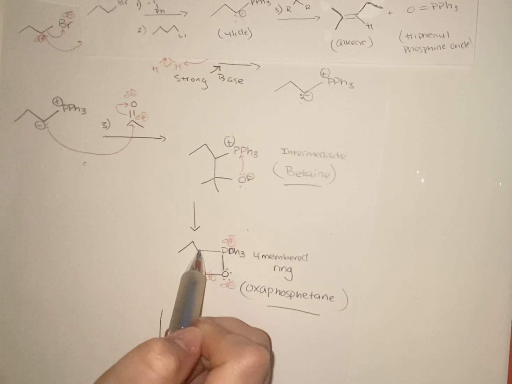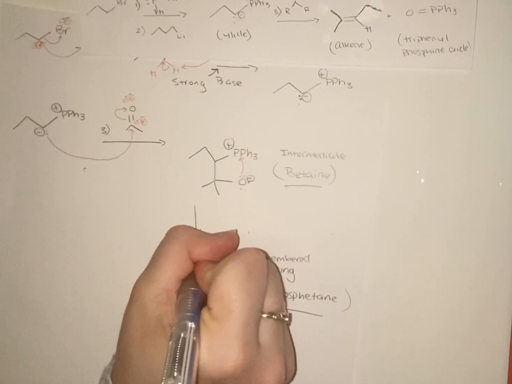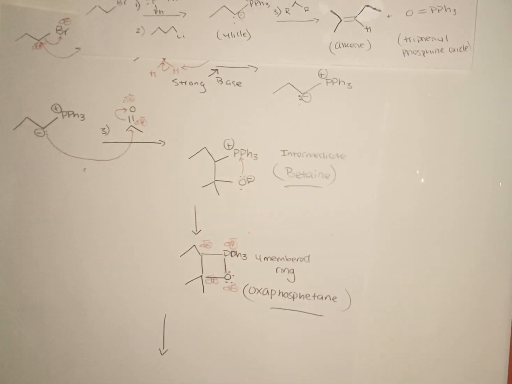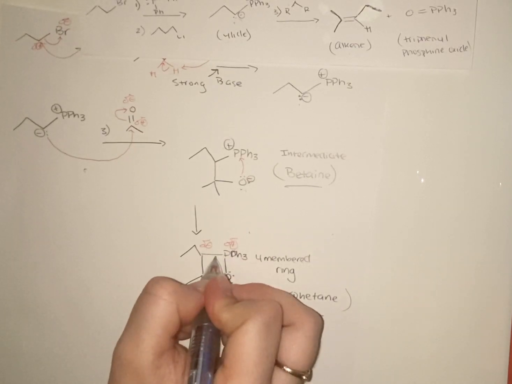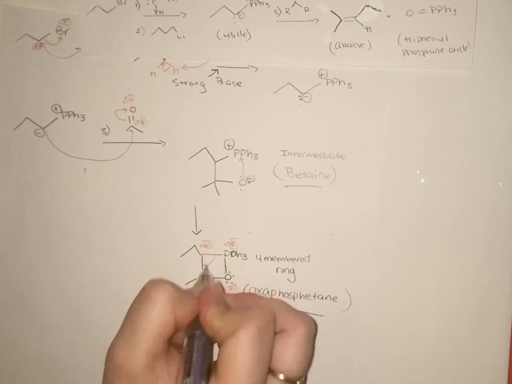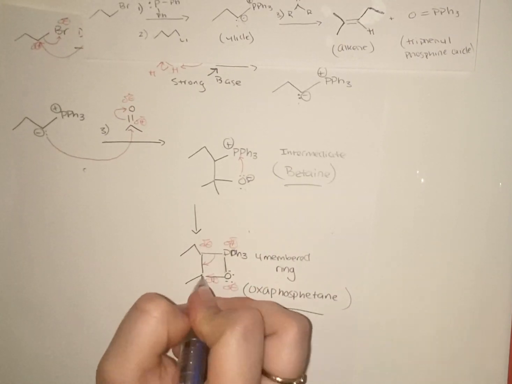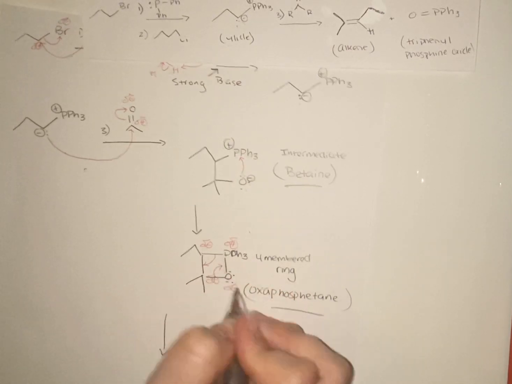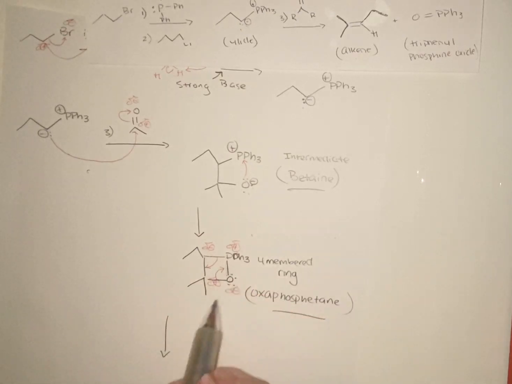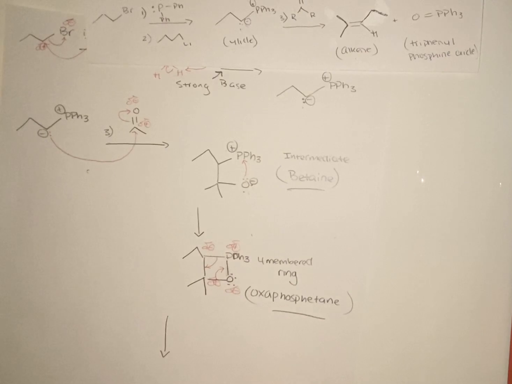And this carbon, since it is more electronegative than the phosphorus, will have a partial negative charge. So from there, once the bonds break, this bond, since this carbon is more electronegative, will break and the electrons will form a pi bond over here. And this bond connecting the oxygen to the carbon will also break and form a bond between the phosphorus and the oxygen, because the oxygen is more electronegative, so it will take the electrons.